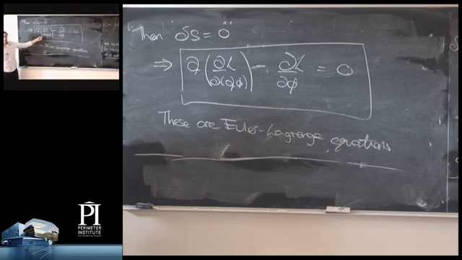So these are the equations of motion for a given, I guess I should still have that A index on everything. For a given Lagrangian, which is a function of a set of fields, these are the equations of motion.